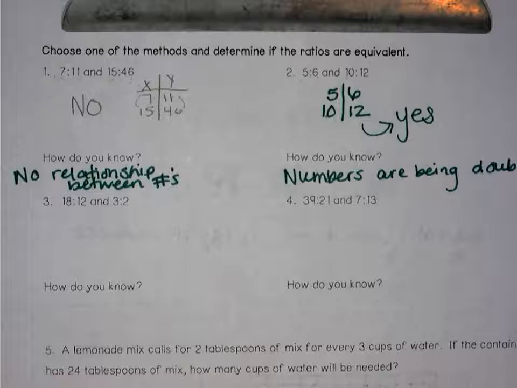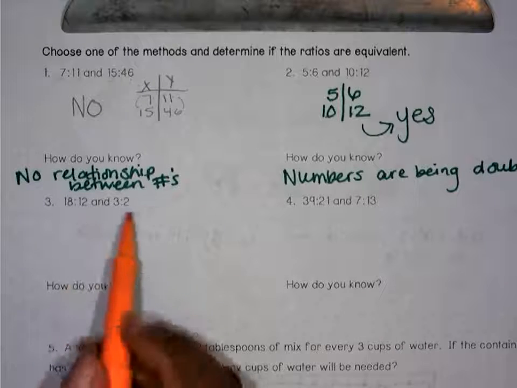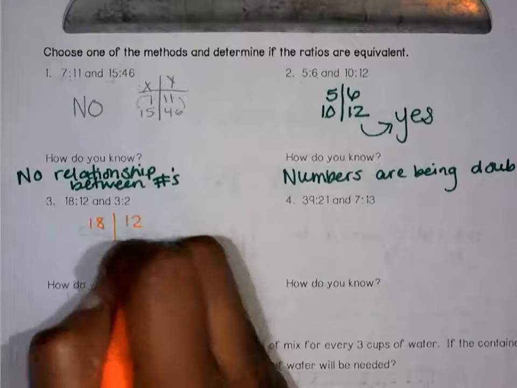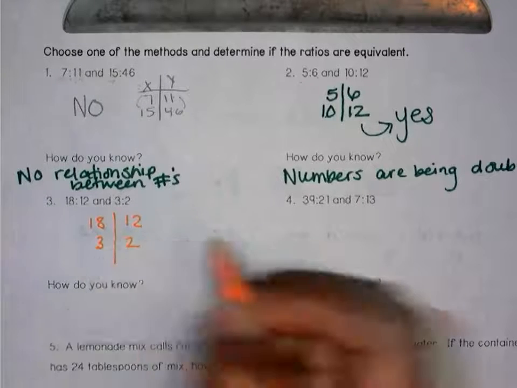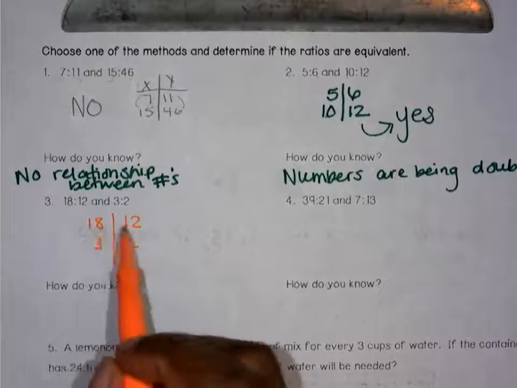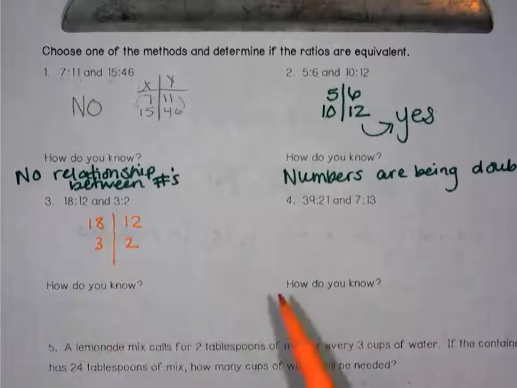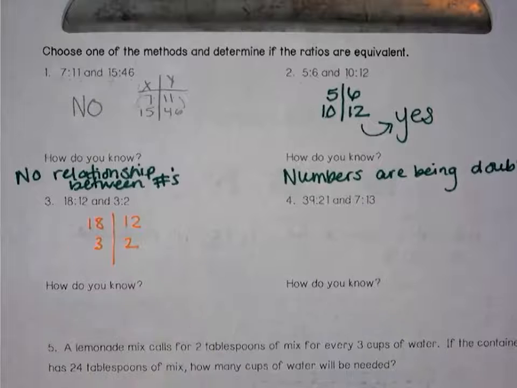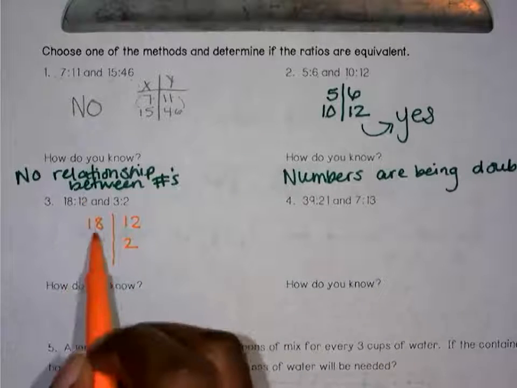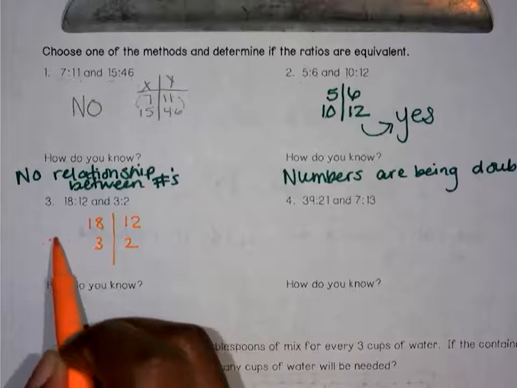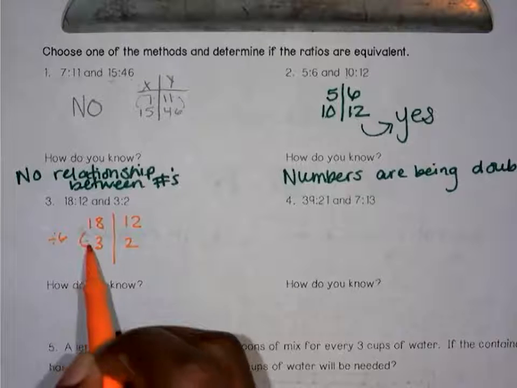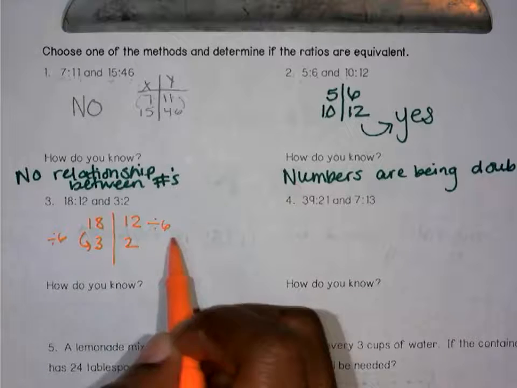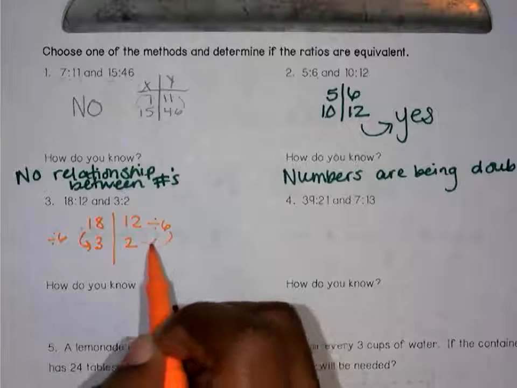All right, for number 3, where you have 18 and 12 and 3 and 2. 18 to 12, 3 to 2. The first thing I'm thinking about, what can both of these be divided by? Both can be divided by 3 and 6. So if I was to divide 18 by 6, you would get 3. If you divide 12 by 6, you get 2.